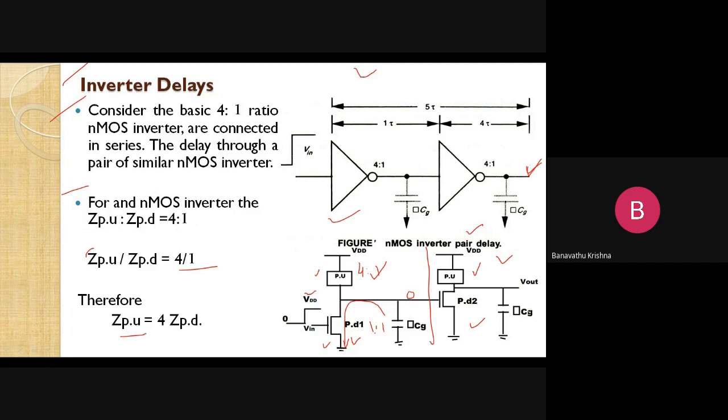So then pull down transistor 2 is going to be off, right? Then the pull up is always on, means it is in resistive region. Now the capacitor is going to be charged to VDD through this pull up transistor or pull up resistance, right?